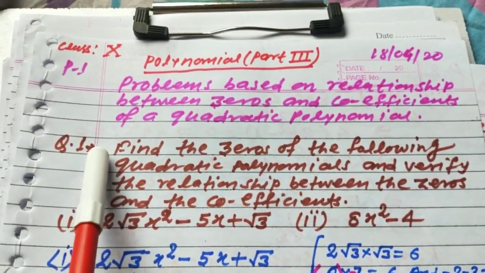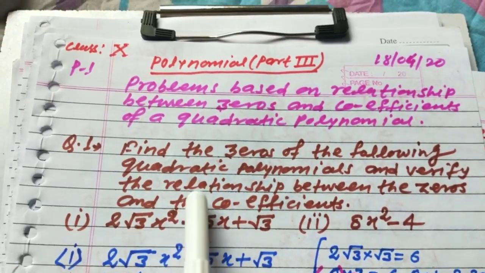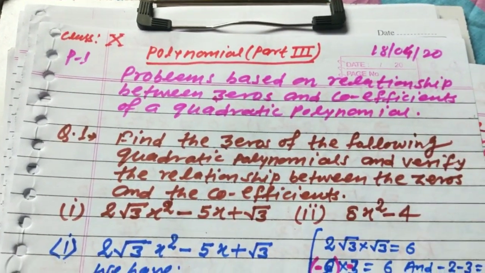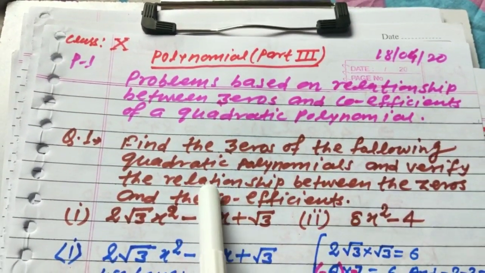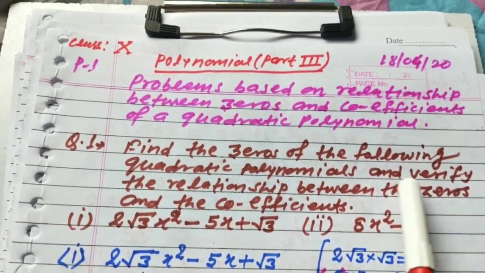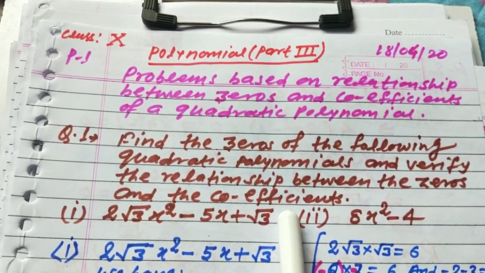Now let us see what the question is. Question 1 is: find the zeros of the following quadratic polynomials and verify the relationship between the zeros and coefficients.